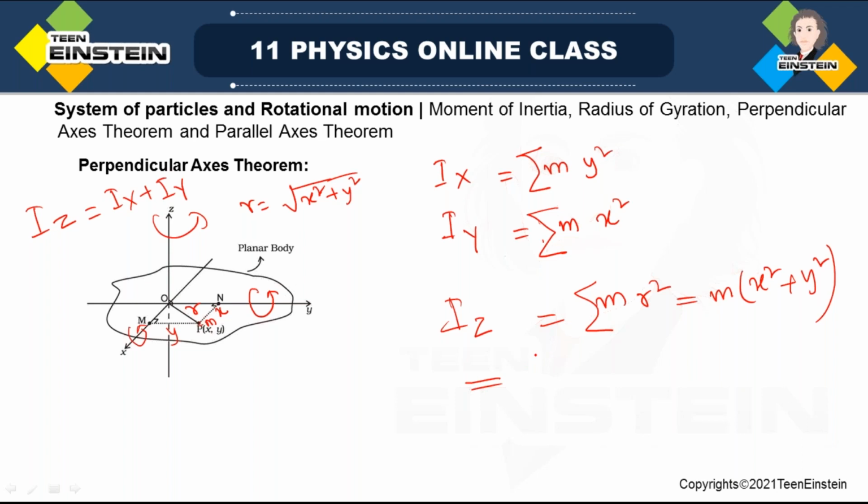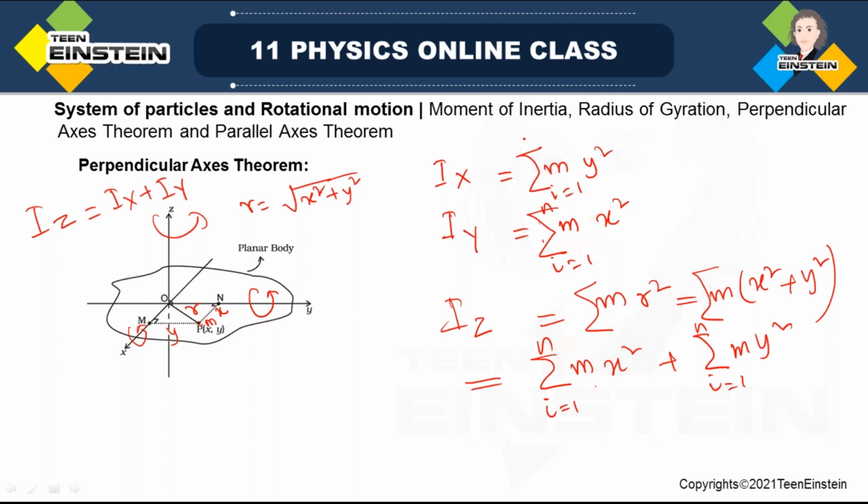Look here, what we get is the summation of m x square plus the summation of m y square, and you take the limit of the summation from 1 to n. In this case also 1 to n, and here also when we take the summation, you can write 1 to n.